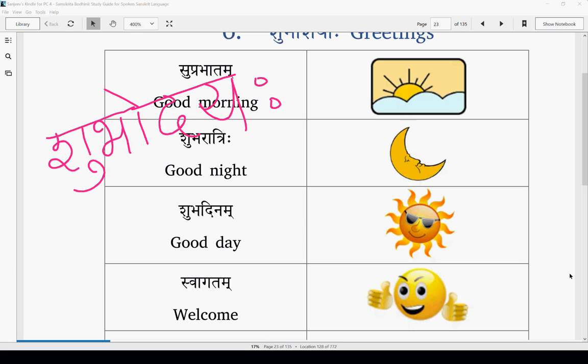Swagatam is welcome, whenever we are welcoming somebody. But for other things, like whenever somebody says thank you, how do we reply? Do not mention, or it's okay, something like that. I don't have answers.